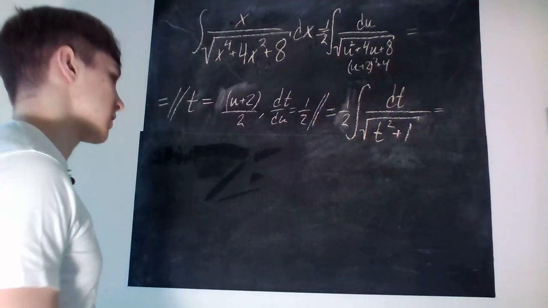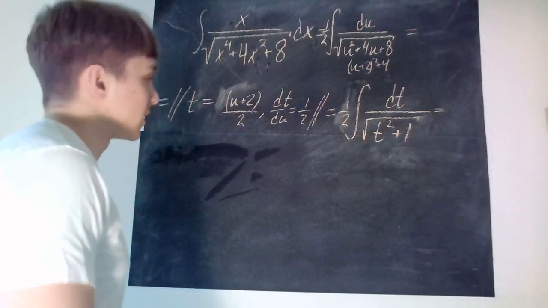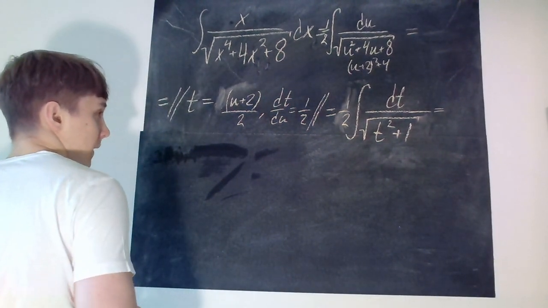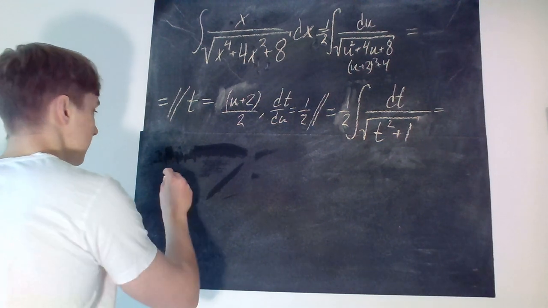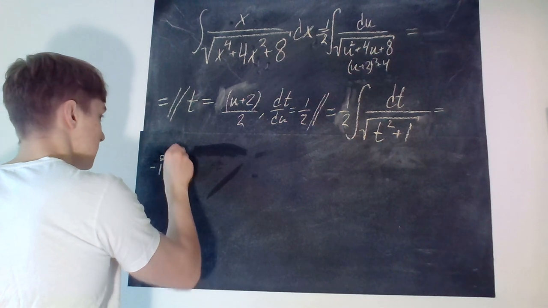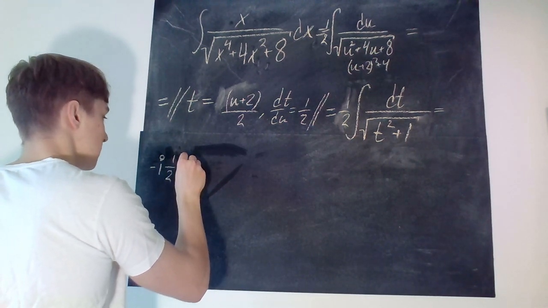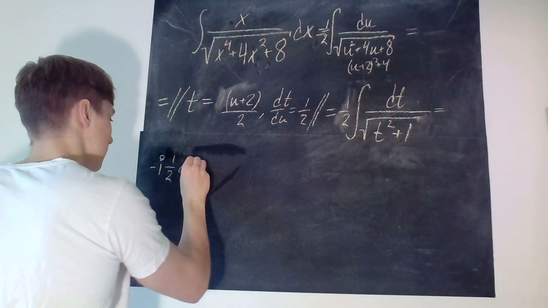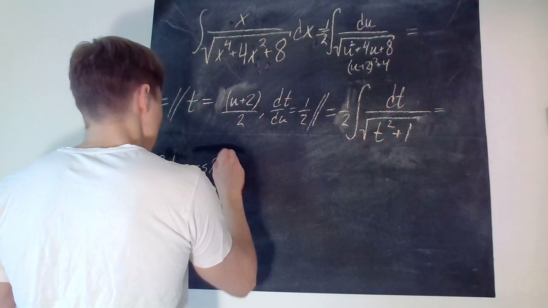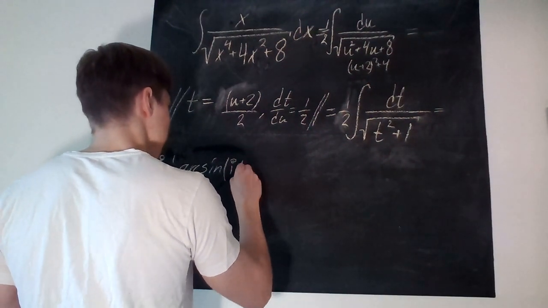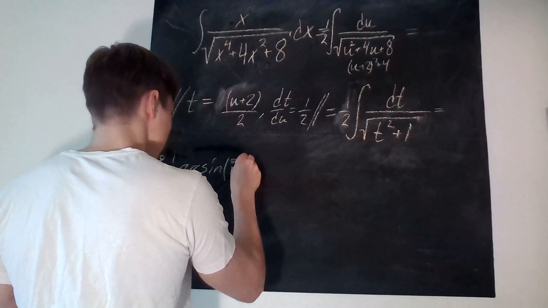What I did instead was some stupid imaginary substitution, so I got something like minus i times 1 over 2 times arc sine of it.